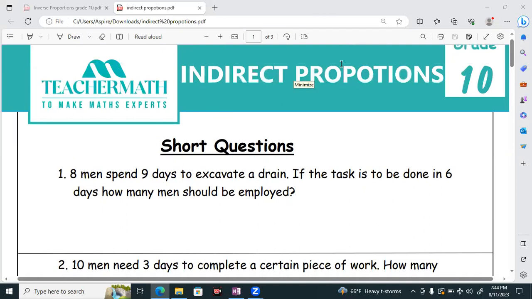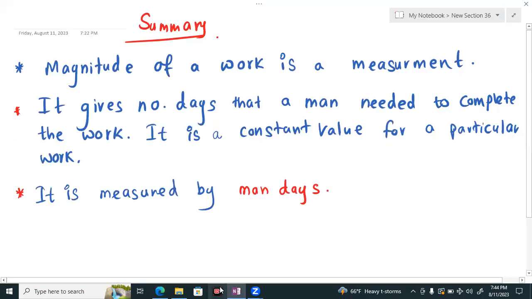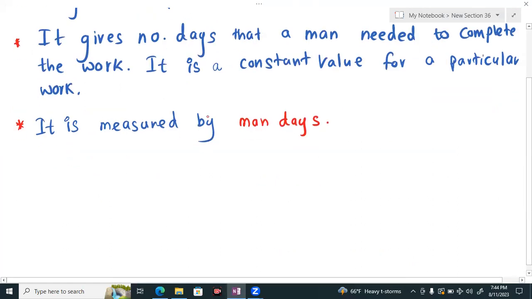Only Nikita? Okay. Then we know that the magnitude of the work is calculated by, we forgot to write the equation for you. Then let's write down the equation.